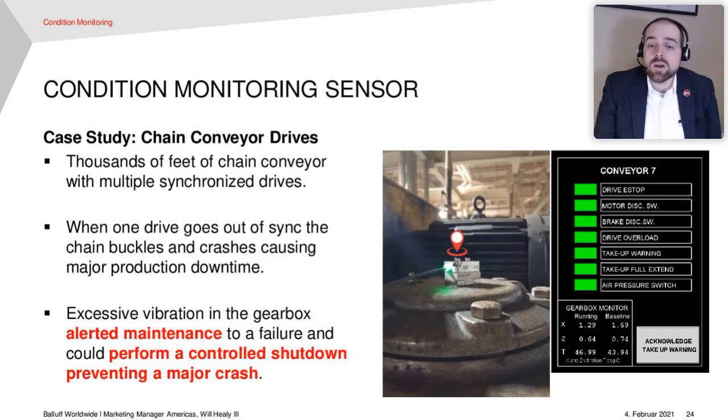And so they were able to use a condition monitoring sensor on each of the gearboxes. As soon as they detected excessive vibration in the gearbox, they alerted maintenance. They performed a controlled shutdown instead of a crash of the equipment, replaced the belt that needed to be replaced, and were able to get up and running much faster than that 16 hours of downtime they had before.